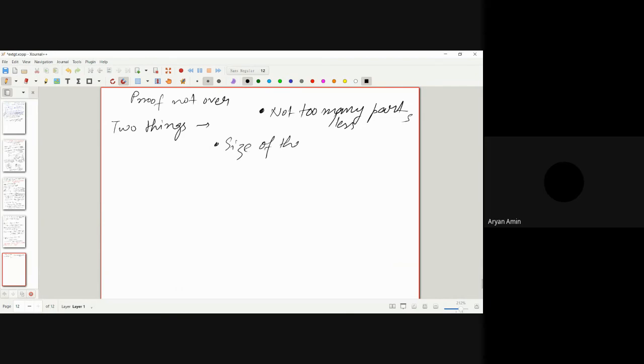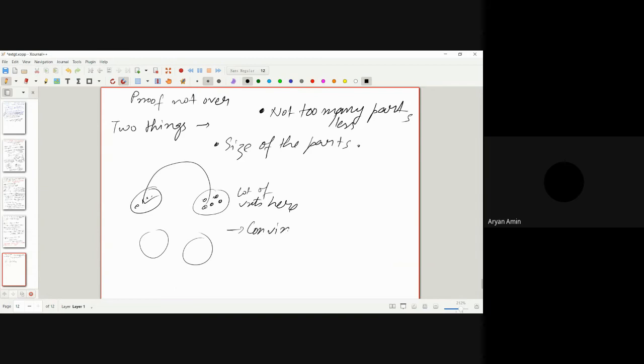And how do you do that? That is really simple. Suppose these are the partitions, and you have a lot of vertices here and fewer vertices here, then you just move vertices like this, as simple as that. You can convince yourself this increases edges.